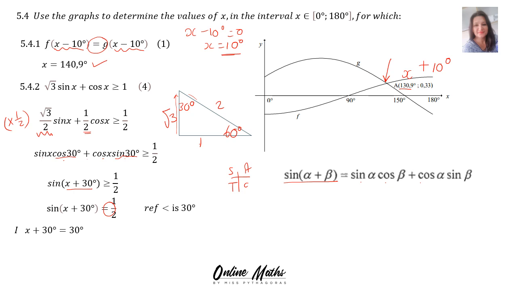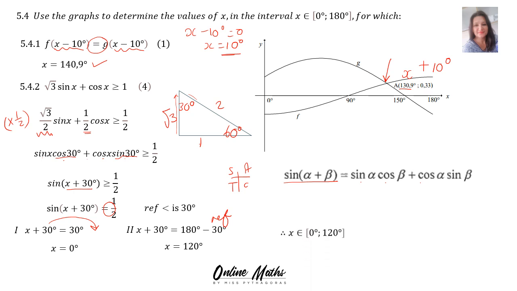So you say x plus 30 equals the reference angle, which is 30, and then if you take the 30 across, it becomes negative 30, which is 0. So x is 0, and then in the second quadrant, because sin is positive in the second quadrant, x plus 30 is 180 minus the reference angle, and you get x is equal to 120.